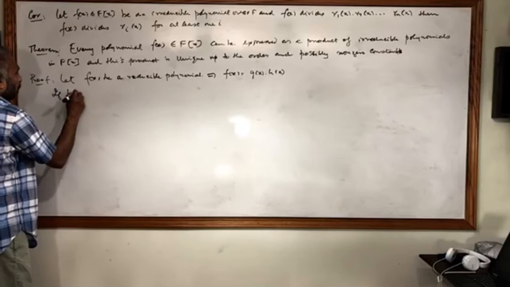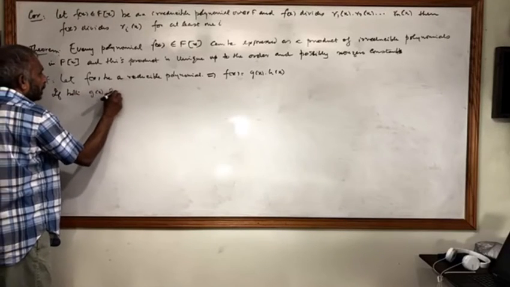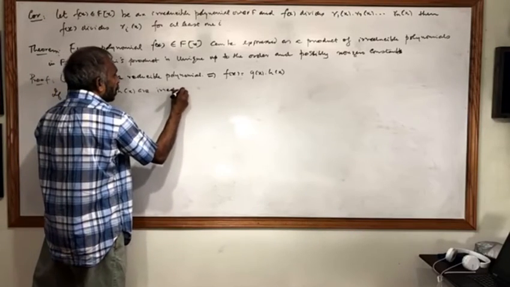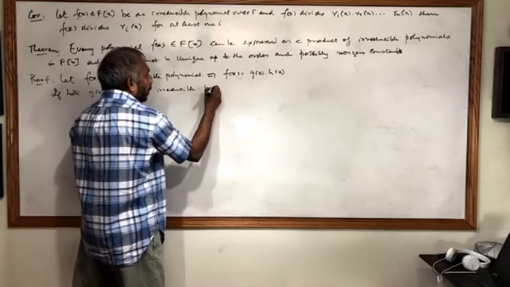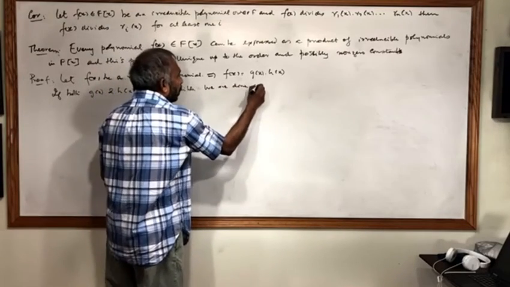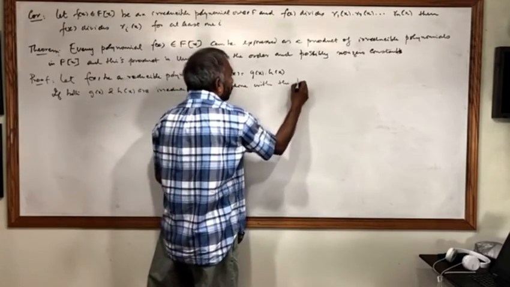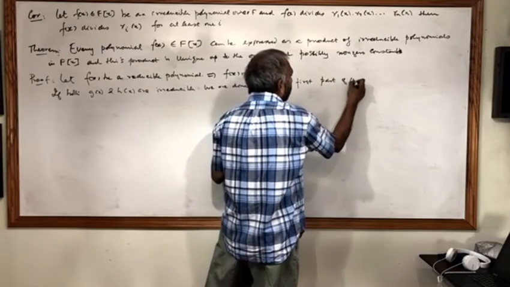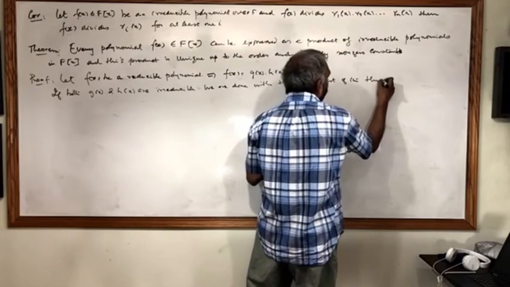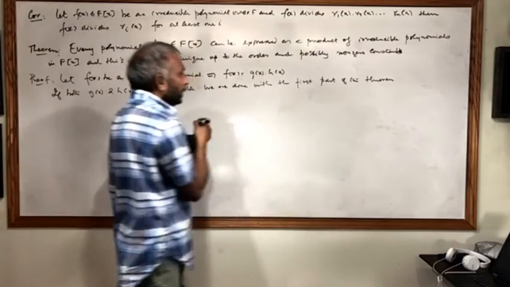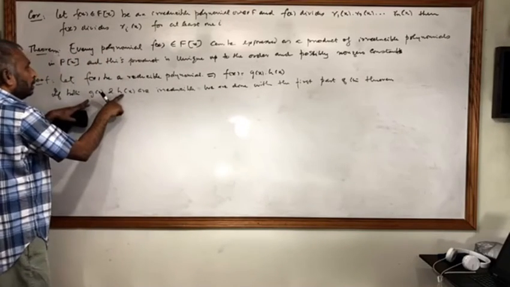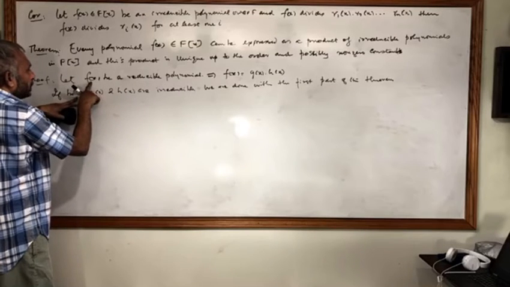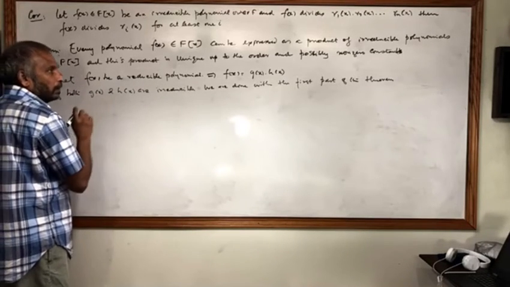If both g of x and h of x are irreducible, we are done with the first part of the theorem, meaning except the uniqueness, because both of them are irreducible polynomials and we express f of x as a product of irreducible polynomials.